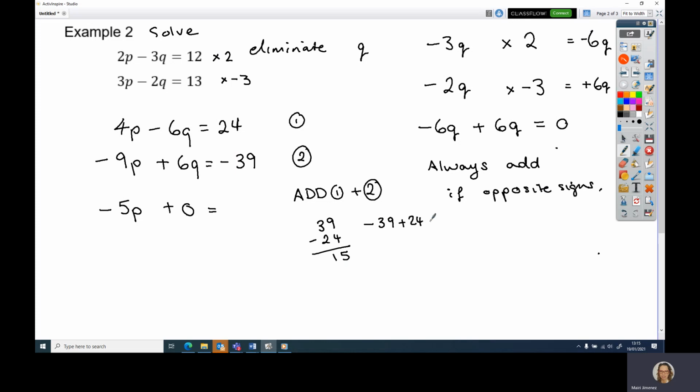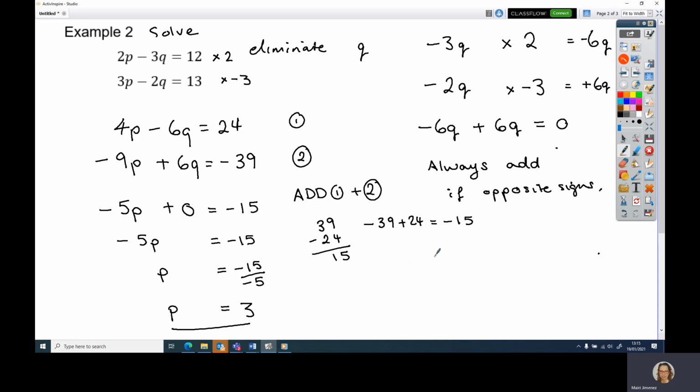The 39 is a bigger number, so this is an overall -15. Writing it out more neatly, -5P equals -15, and P equals -15 divided by -5. Dividing two negatives gives an overall positive, which is 3.